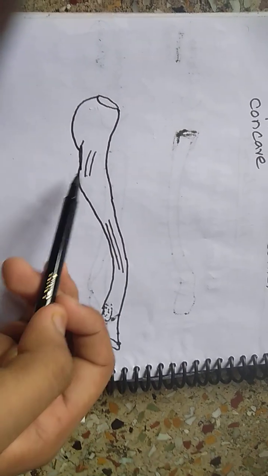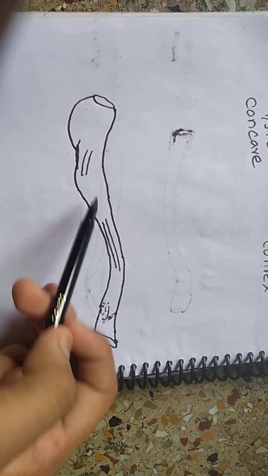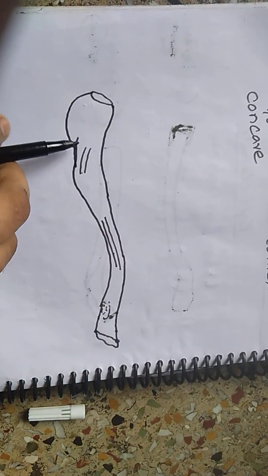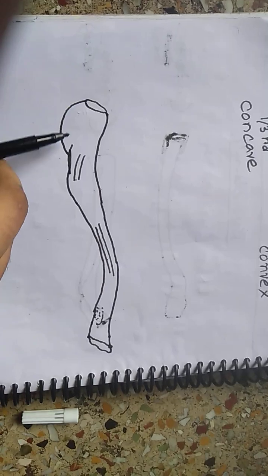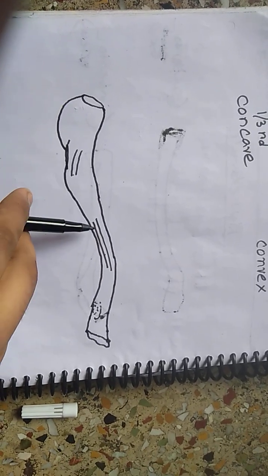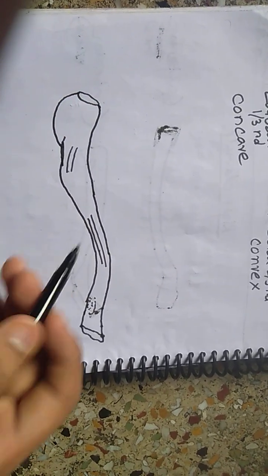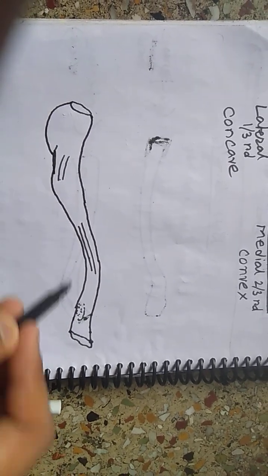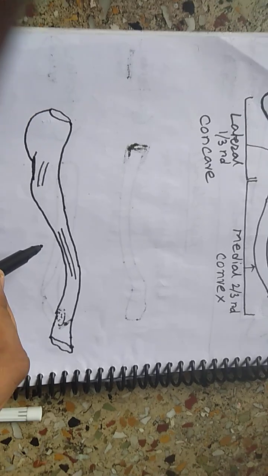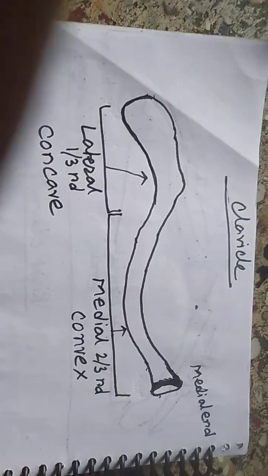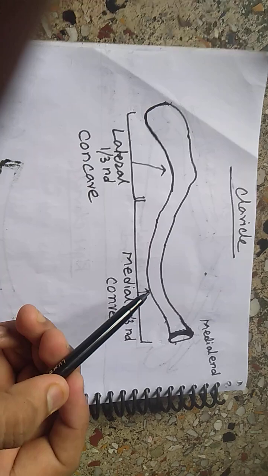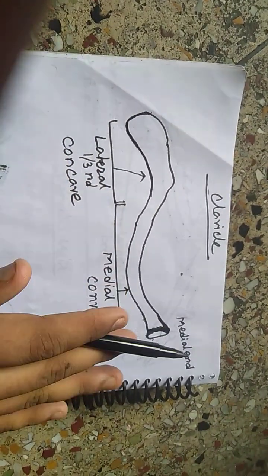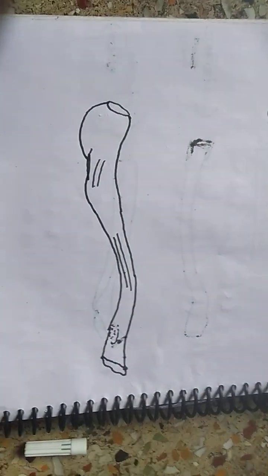I am not going to discuss the subclavian groove or anything, but you should know that the inferior side is not very smooth. Many grooves and bumpy structures are present on the inferior side, but in contrast the superior view, the superior structure, is very smooth. So superior is very smooth and inferior is bumpy.